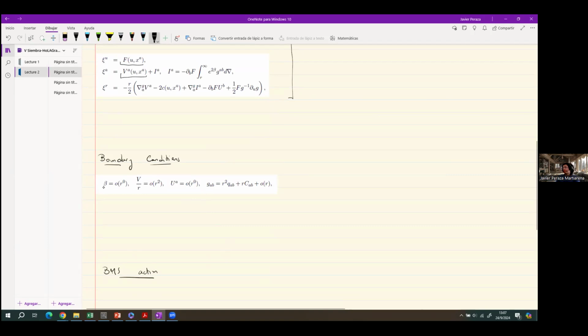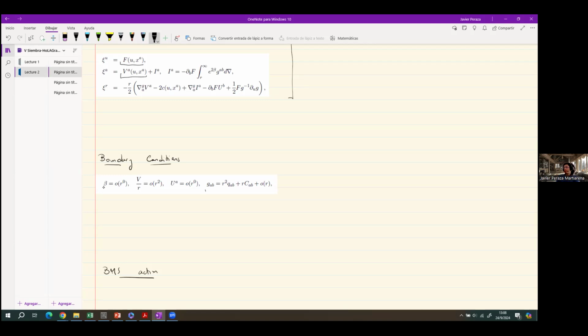That means that beta has to be subleading with respect to 1, B over r has to be subleading with respect to r, and the rotation function has to be subleading with respect to 1. So in that sense, these are the most general boundary conditions that we can ask so that a simple solution such as Kerr is contained in our configuration space, in our solution space.